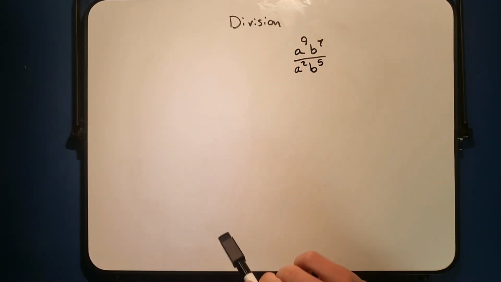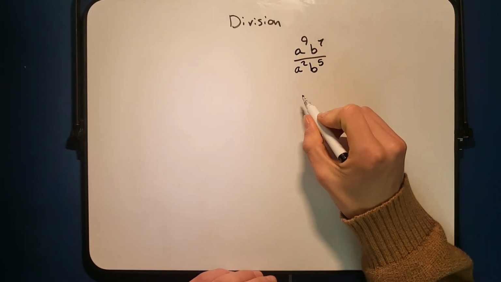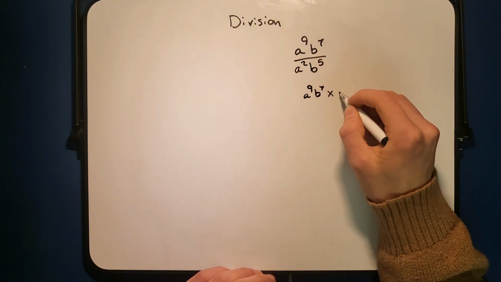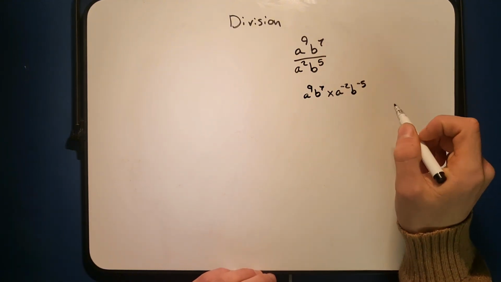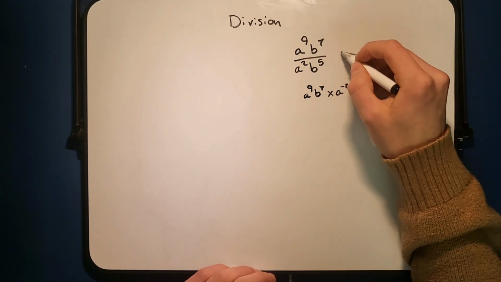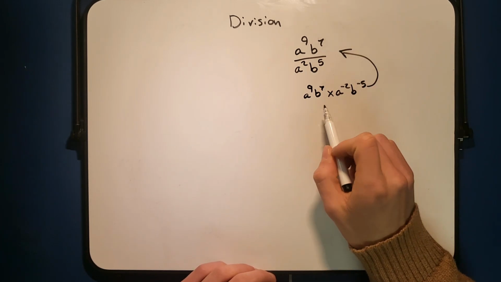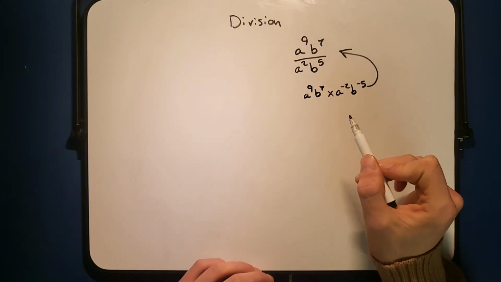Now we have two variables, a and b. So let's rewrite this again. So we have a to the 9, b to the 7, times by a to the minus 2, b to the minus 5. Okay, that is the same thing as this up here. Now, normally we're just used to seeing one variable, but in this case we really just treat it as the same.